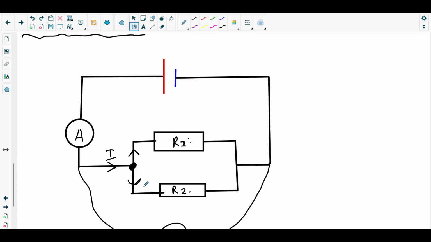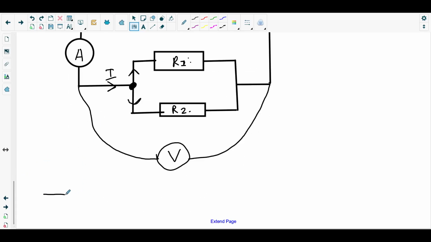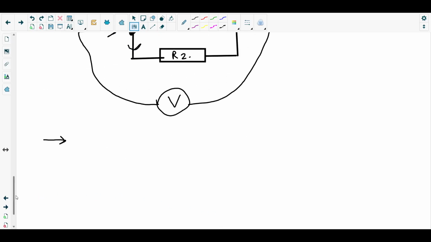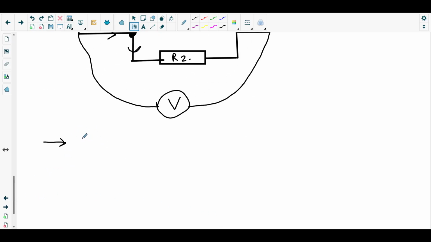Because Kirchhoff's law says the total current entering a junction and the total current leaving the junction will be the same. So current gets divided in a parallel circuit.